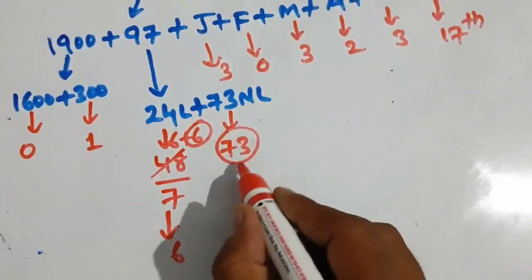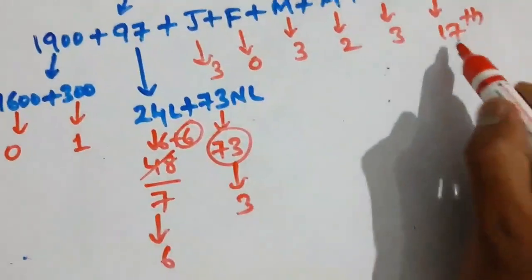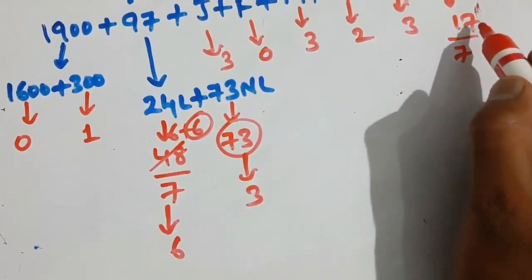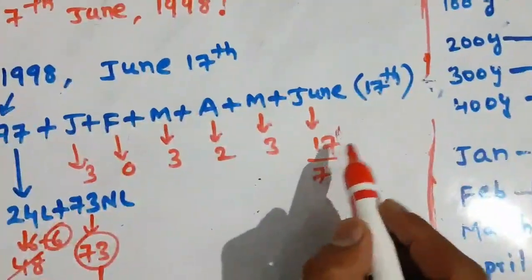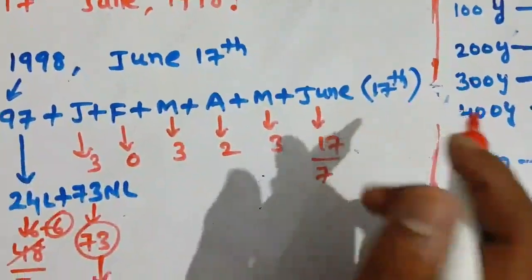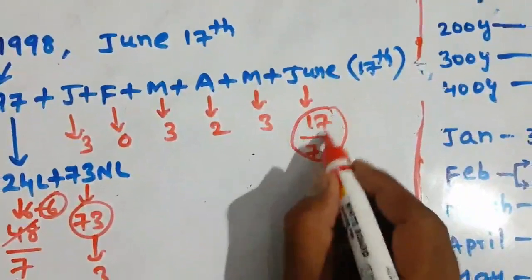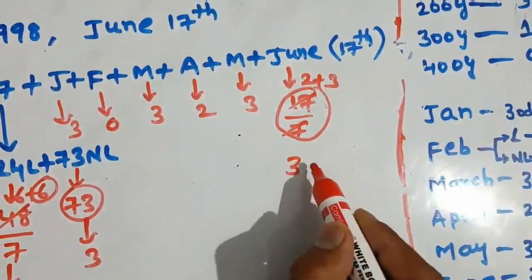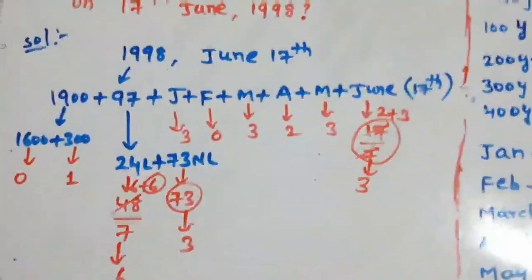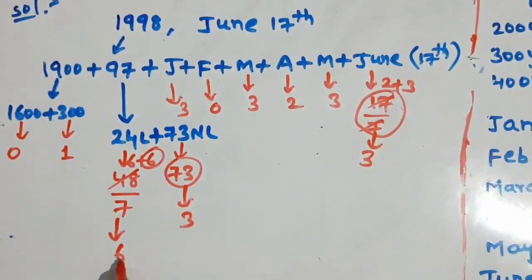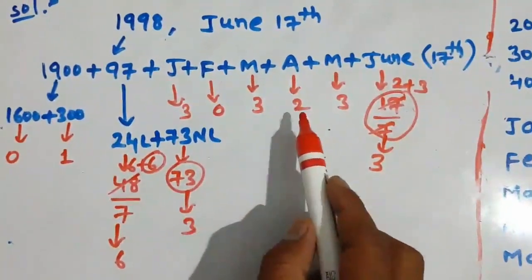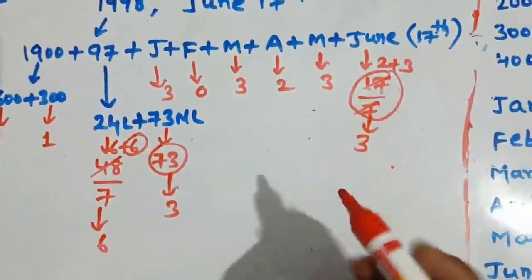73, if I divide by 7, I get 3 as remainder. 17, if I divide by 7, 7 twos are 14, so 3 odd days, 3 is the remainder. Okay, now I am going to add all the odd days: 1 plus 6 is 7, 7 plus 3 is 10, 13, 16, 18, 21, 24.